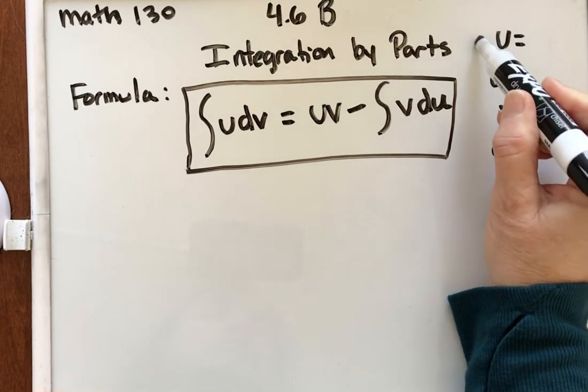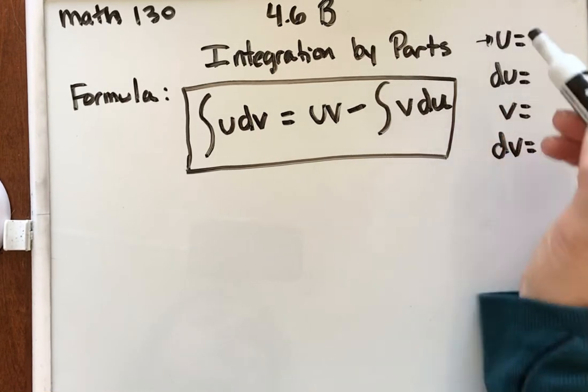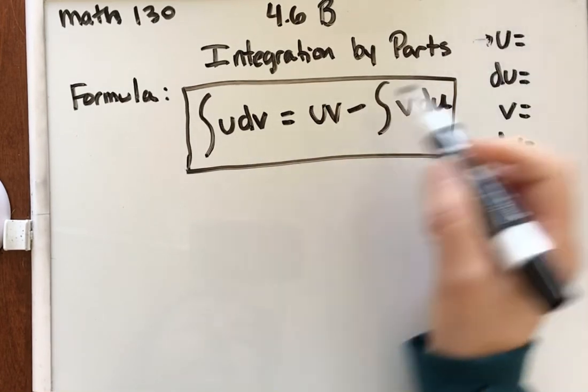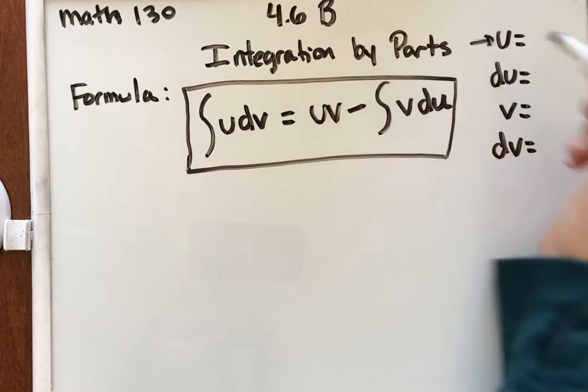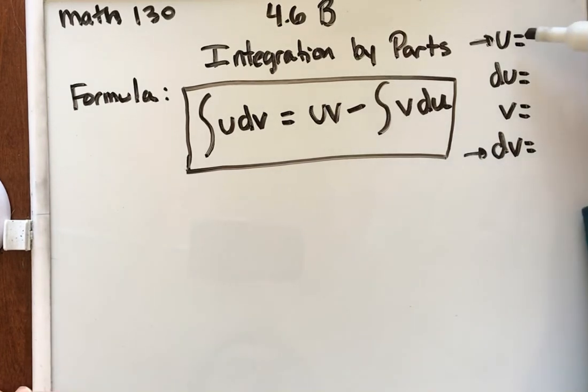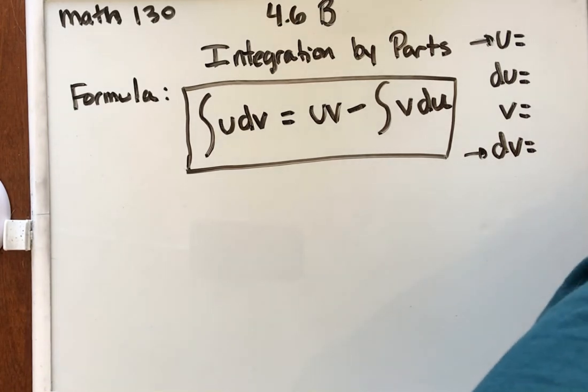So when we get a real problem, we will split and call one thing u, I'm going to put a little arrow there, and we'll call another thing dv. Now when we get our u, we'll take the derivative. When we get our dv, we're going to integrate to get our v, and then when we place it there, it's not as hard as it looks, okay?